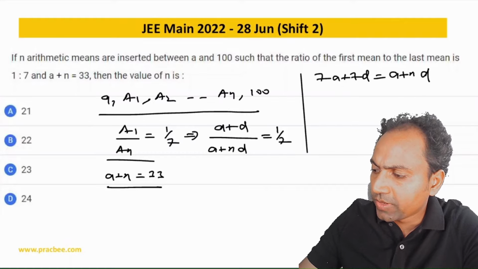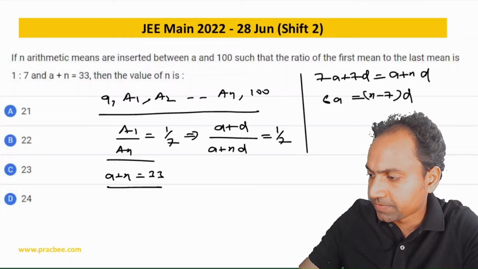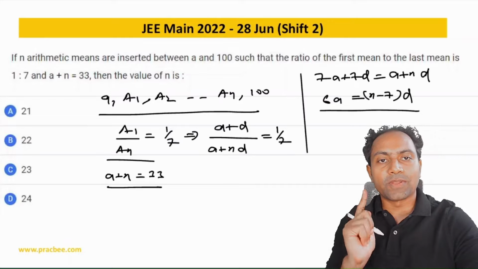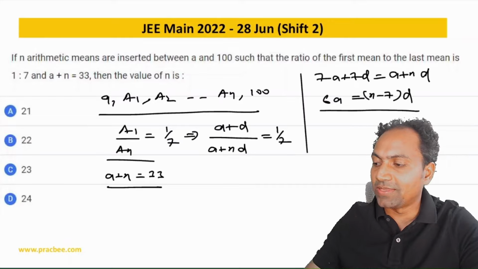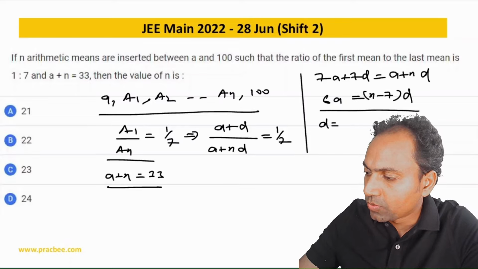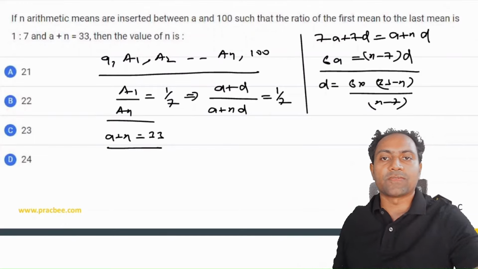Or I can move A to the other side. This becomes 6A is equal to (N minus 7) into D. And we also know the value of A in terms of N, so I can substitute this. So D comes out to be 6 times A, that is 6 times (33 minus N) divided by (N minus 7). These are the values that we are getting.